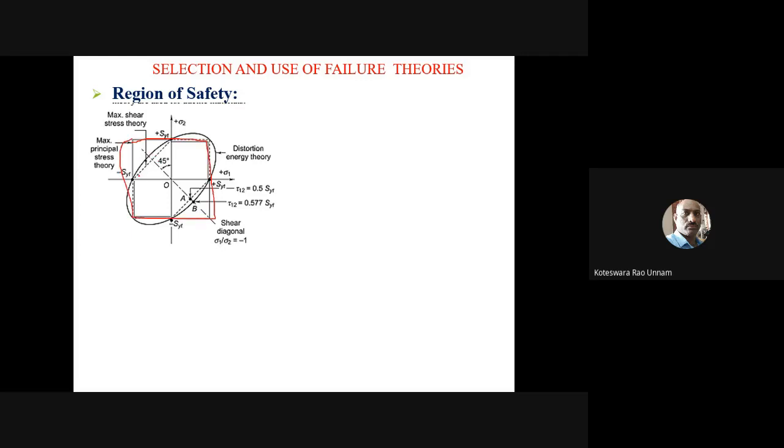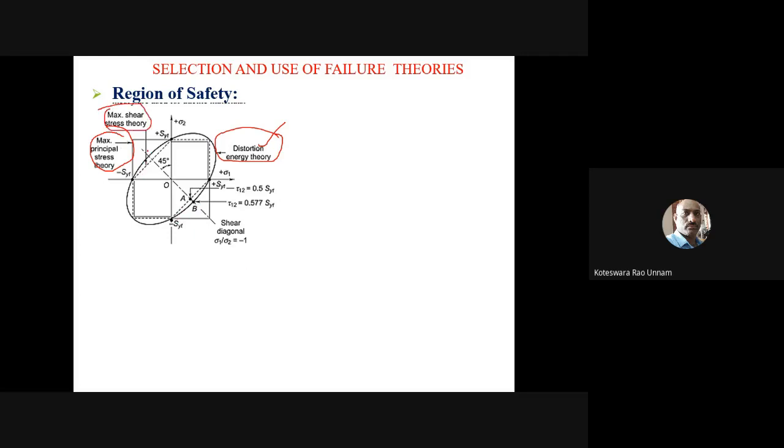Then you have a hexagon, shown as dotted lines here, which is the maximum shear stress theory. And this ellipse is for the distortion energy theory.